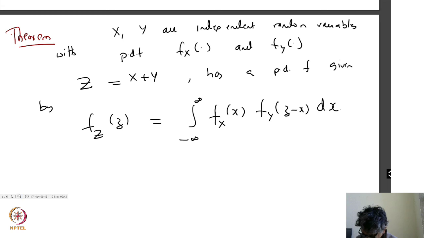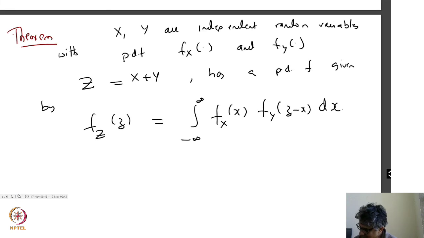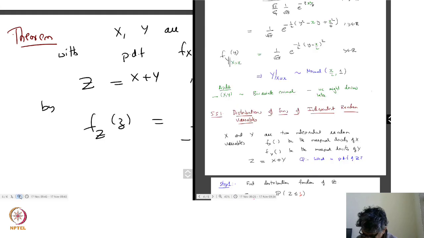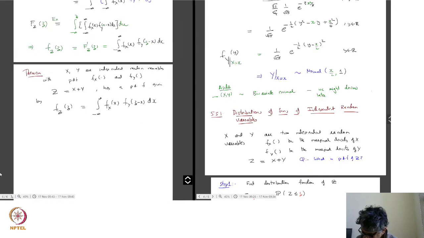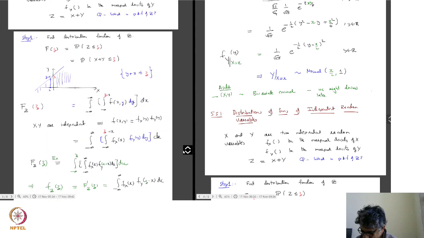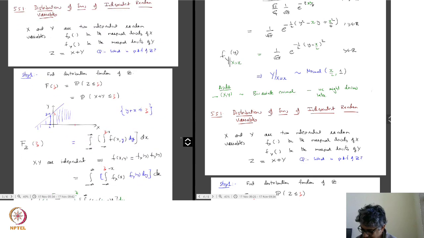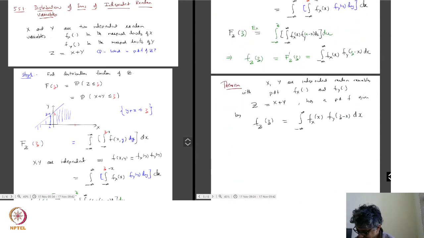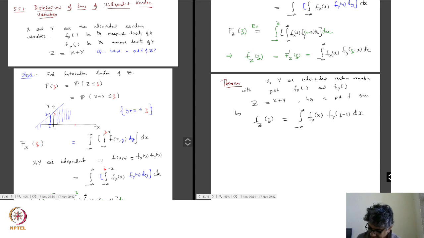This calculation, so let me just do a recap. The idea was that if I had two independent random variables, X and Y, and I took the sum of them, Z, then I would have to do two steps.